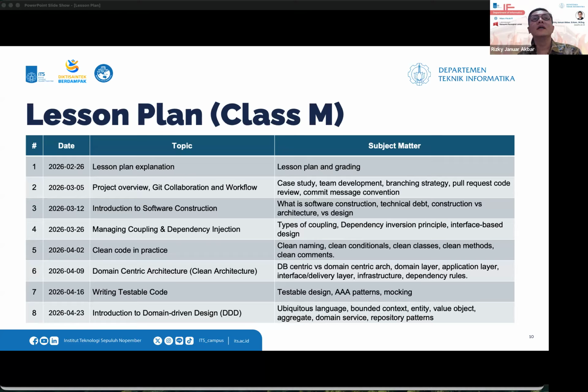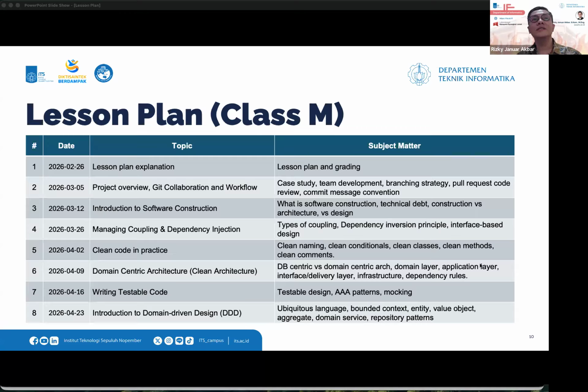You will learn this, and then we will talk about the layers inside the domain-centric architecture one by one, starting from the innermost layer, which is the domain layer, and then we work all the way up, layer by layer.